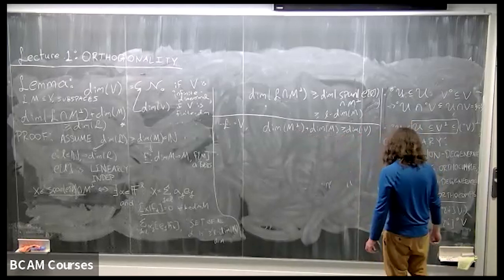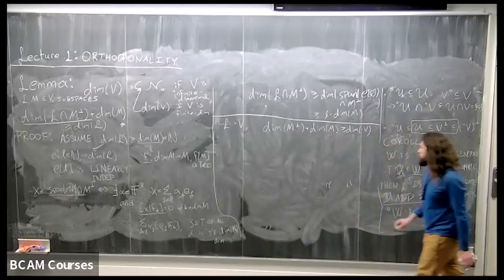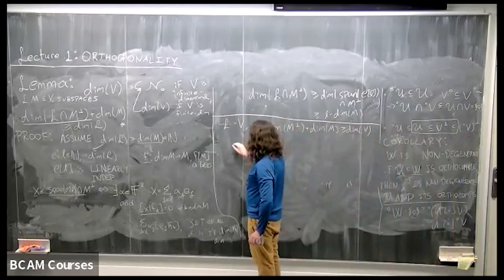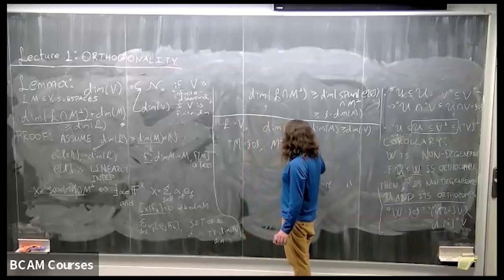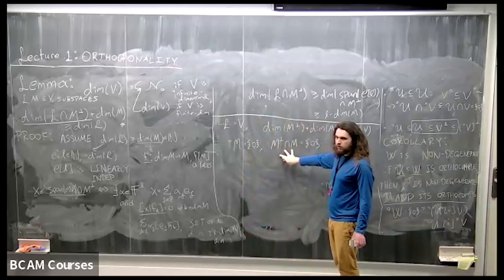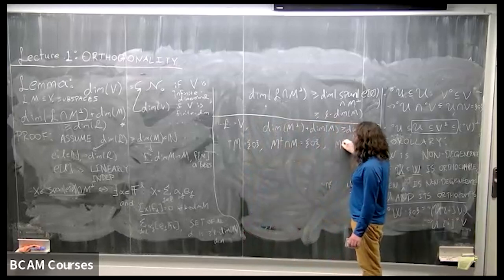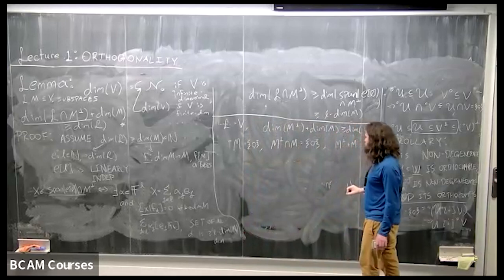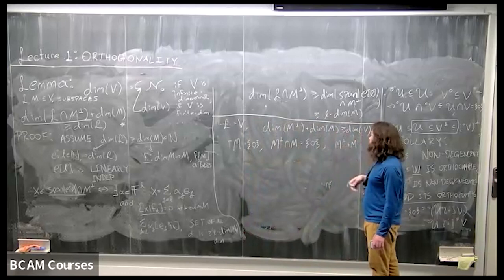However, what we can do is show that in the non-degenerate case, it becomes an equality. So if I have this, then I can construct the subspace M perp plus M. This is going to be a linear subspace, assuming that M is a linear subspace.